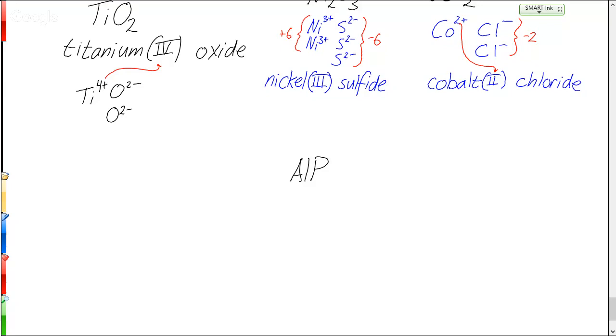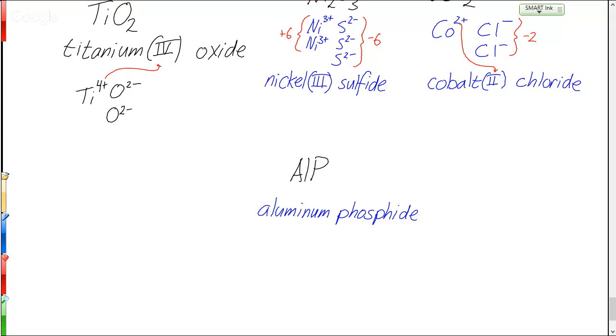So that means that we can name this without going through all that charge nonsense and just call it aluminum phosphide, from phosphorus. Now, if you wrote phosphoride, that's fine. I mean, it is phosphide, but I wouldn't mark it wrong if you wrote phosphoride.